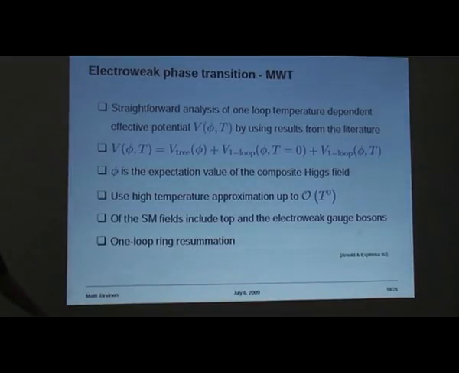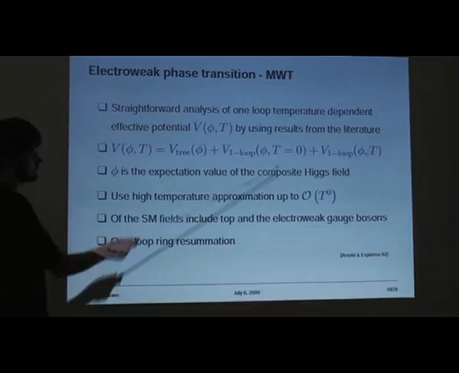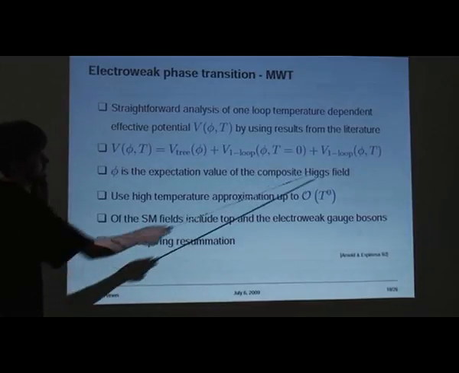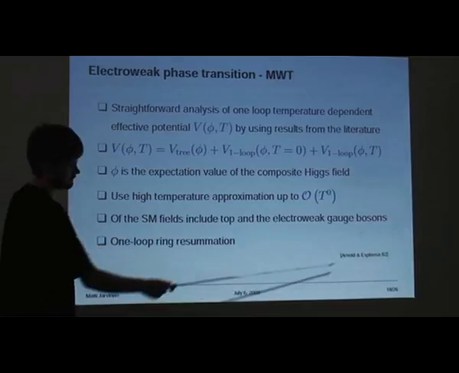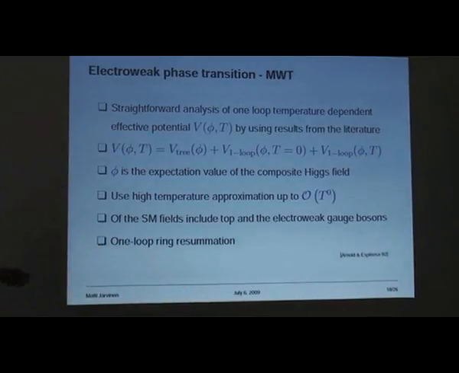The rest of the standard model particles are so light that they don't affect the phase transition at all. And we also included the one-loop resummation of the one-loop temperature-dependent terms, using the method introduced by Arnold and Espinosa.